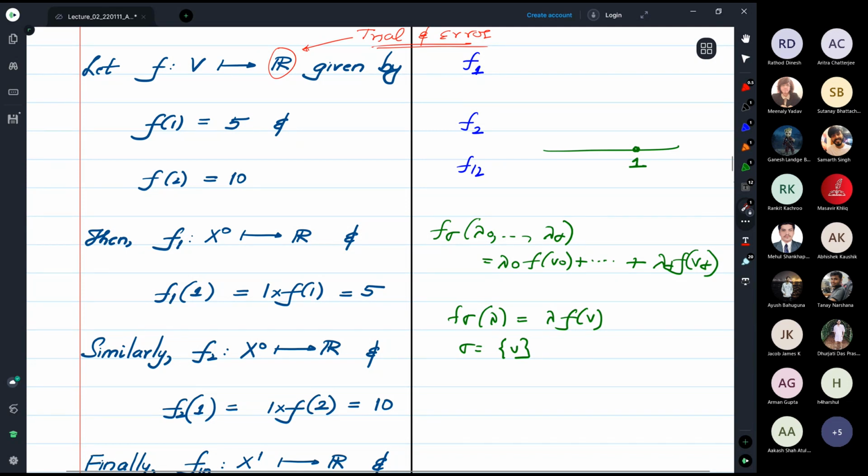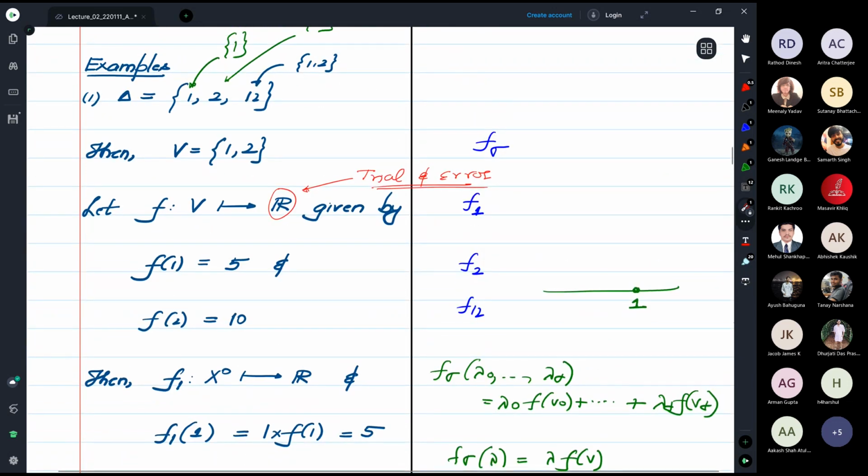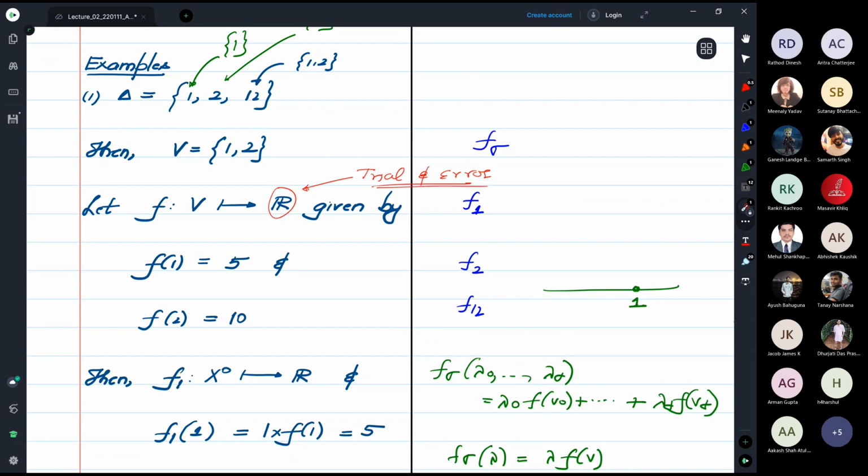Which set are we generating? Which set do you mean? The sigma, the primary, the basic generating set we had, having ones each time for different dimensions. I don't know what you mean by generating set.